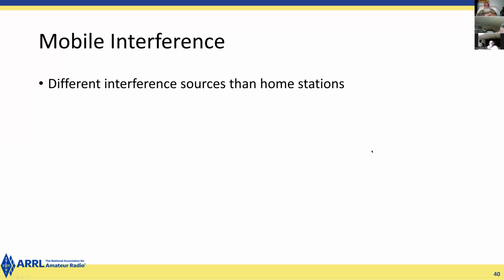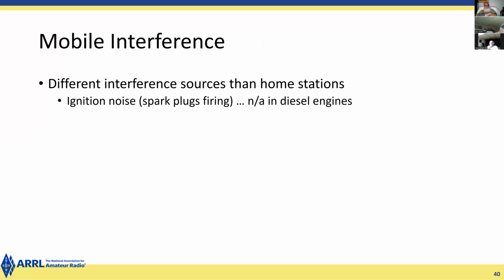Sources of interference for mobile rigs are different from home stations. You can get ignition noise from spark plugs firing, although these days that's not a problem on most cars. You can hear the alternator whine. An alternator is a generator that has rectifiers, nonlinear components that convert AC to DC.